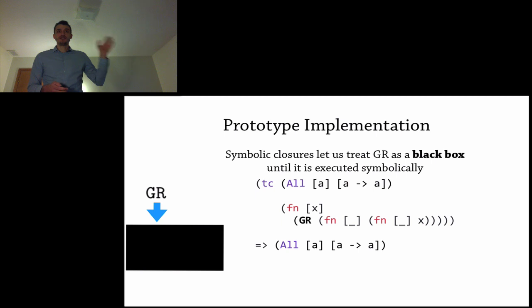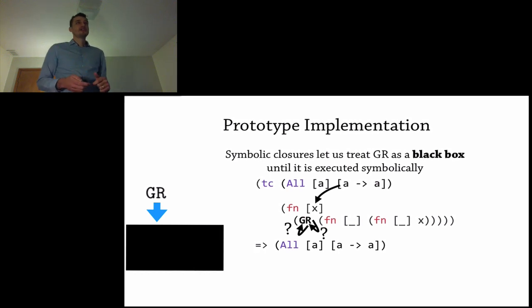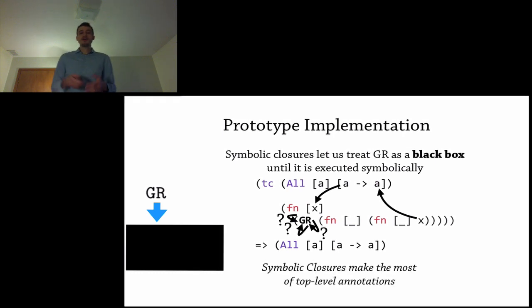And if we plug this into the prototype, we start off the type checking by saying that x is of type A, and then stuff happens, symbolic execution. And then at some point x pops out and it's of the correct type. So it's morally correct because the symbolic execution engine told us so. So in this way, symbolic closures make the most of top-level annotations, even in situations that are as hopeless as this GR term that is proven untypable in System F.